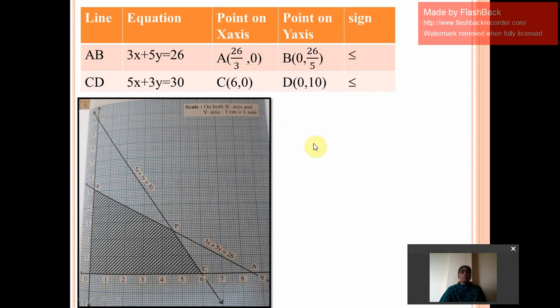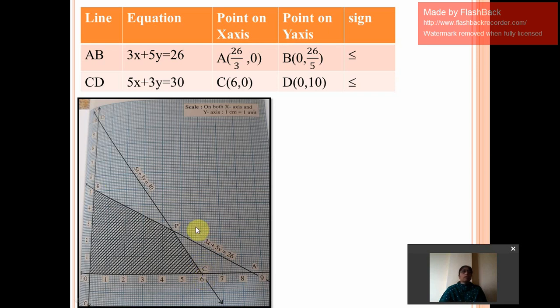Draw the graph. First, draw coordinate axis. Plot the point 26 by 3, 8.66, first A, second point 5.6, plot the point B. Draw the line AB.